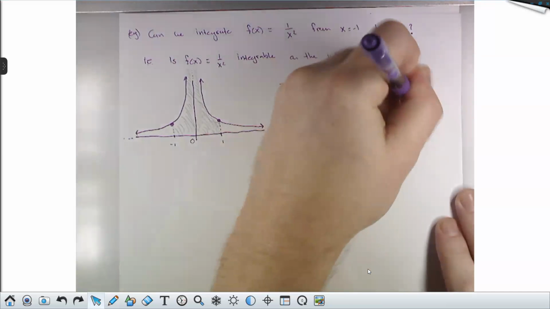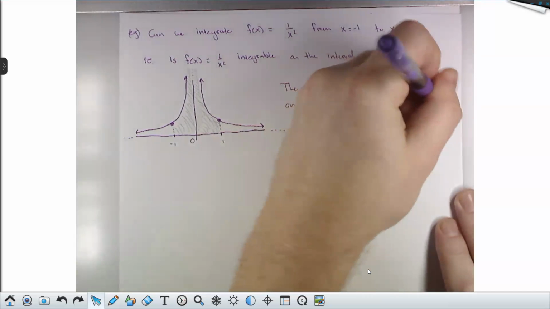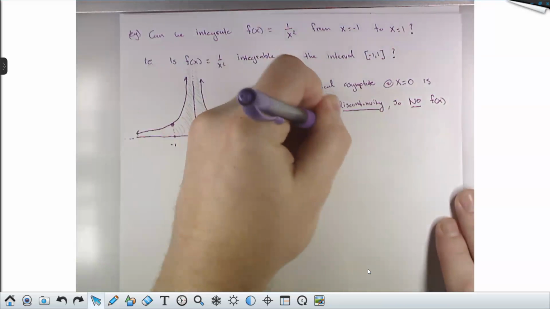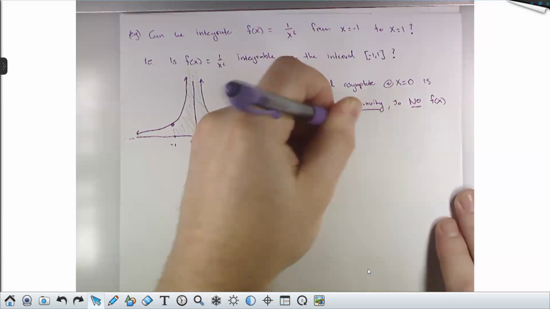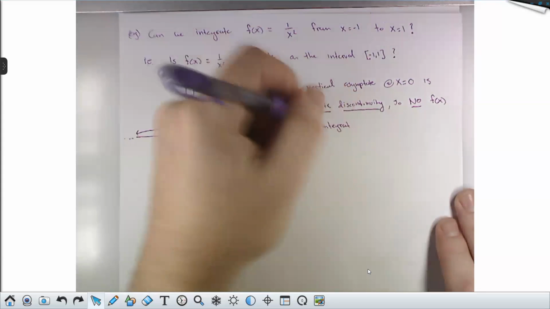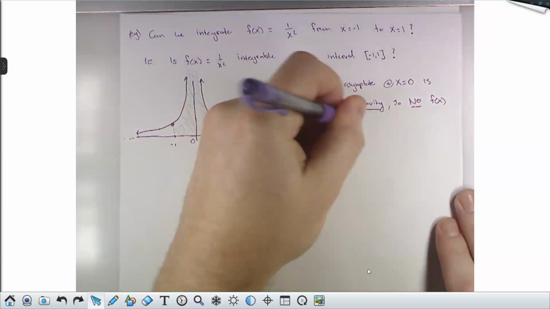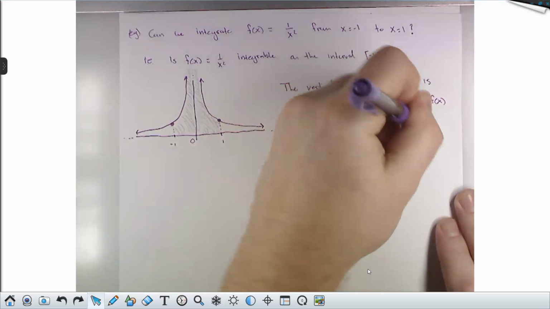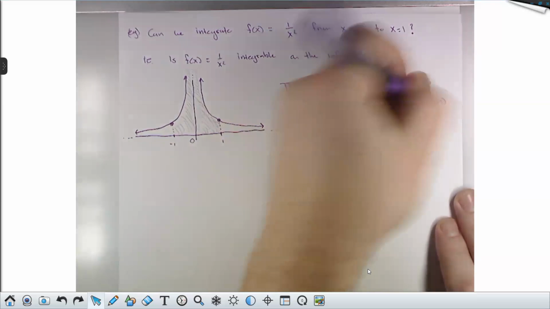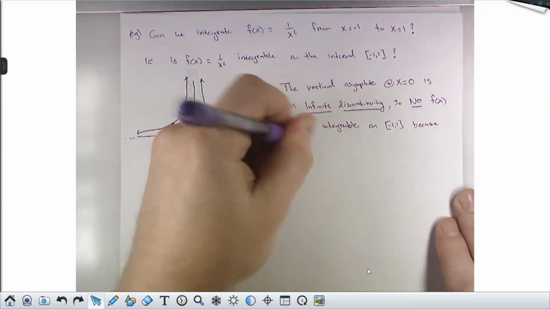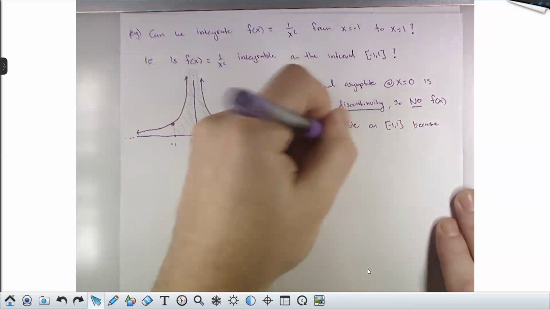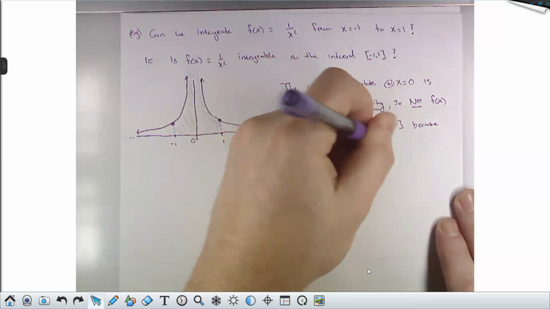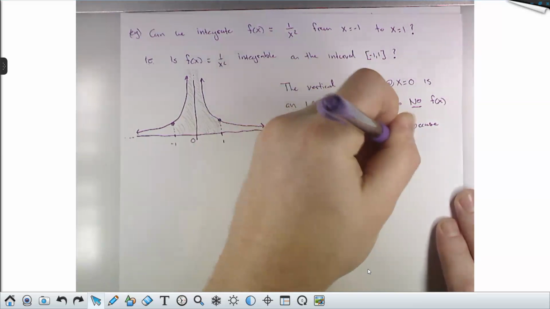So no, f of x is not integrable on -1 to 1 because x equals 0 is in -1 to 1 and f of x has an infinite discontinuity there.